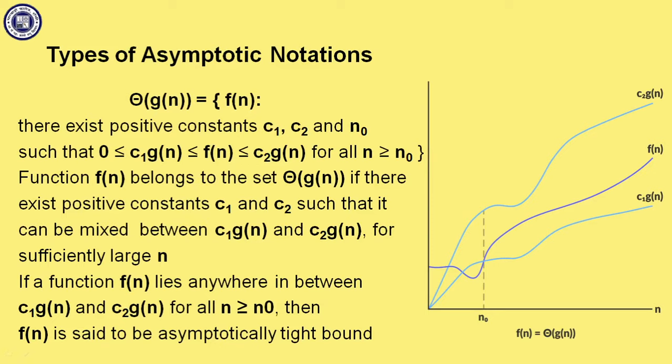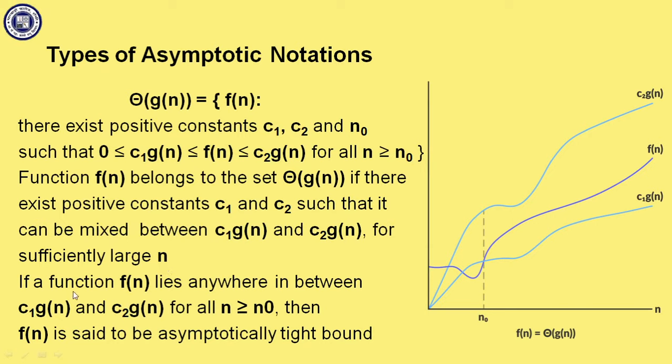Hence, the function f of n belongs to the set theta of g of n if there exist positive constants c1 and c2 such that it can be sandwiched between c1 times g of n and c2 times g of n for sufficiently large values of n. That is the input size.